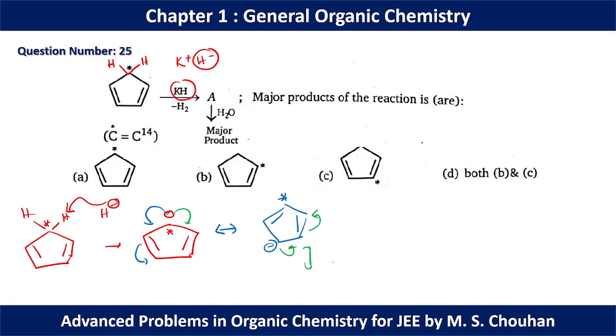So we can again have this kind of situation: star, double bond, and negative. Now water is added in this situation. Water can produce H plus, so water can react with this negative charge, and we can have this kind of situation.